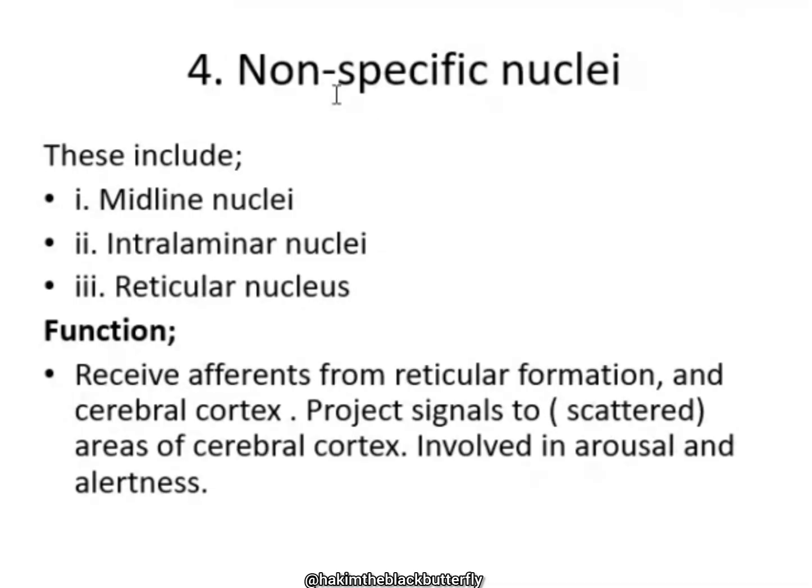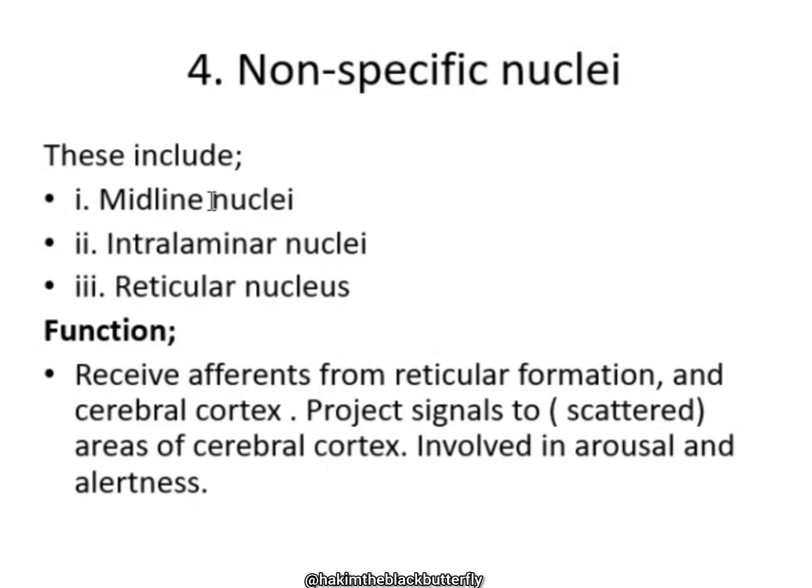So the non-specific nuclei receive information from the reticular formation and also from the cerebral cortex. You can imagine, even the cerebral cortex sends to them. Then they get this information and transmit it to scattered areas of the cerebral cortex: the frontal lobe, temporal lobe, occipital lobe, everywhere.